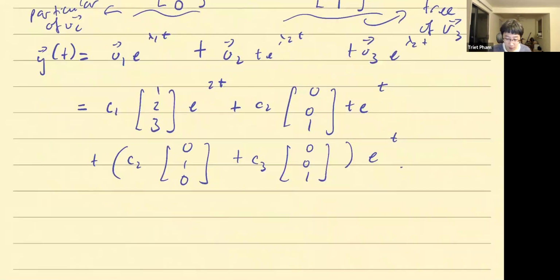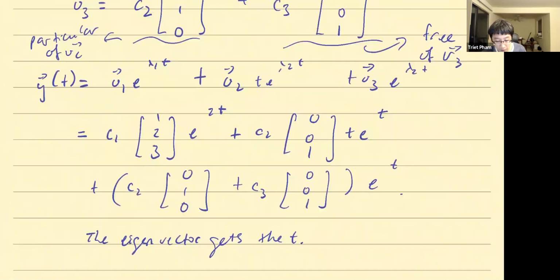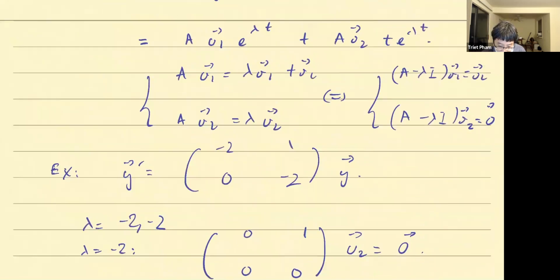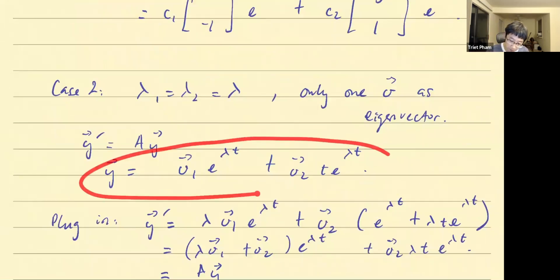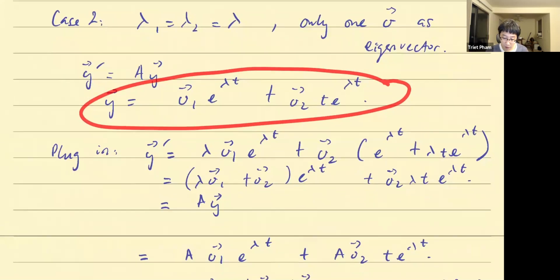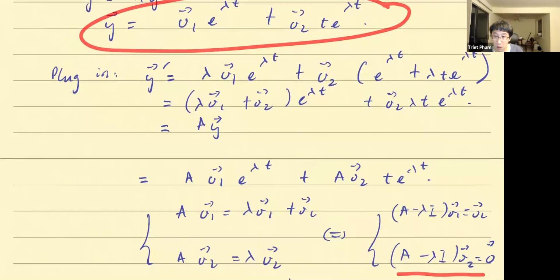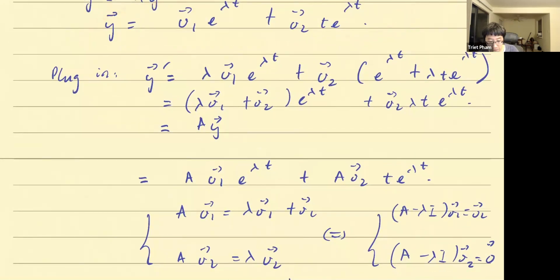The eigenvector gets the t. Well, to make you confused even more, there's a t squared coming up. But the eigenvector gets the t coming from exactly right here. Any questions?